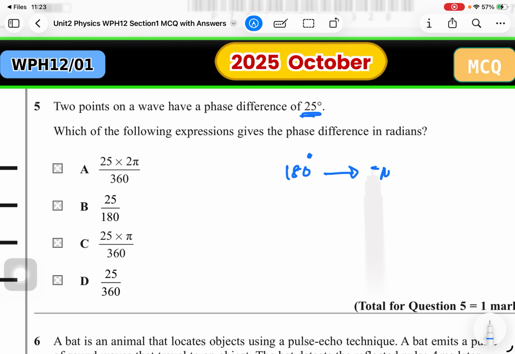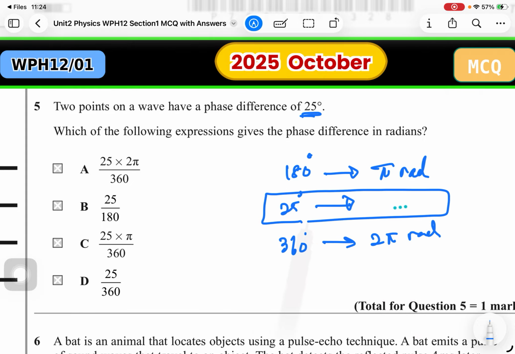Since it's mostly about 2 pi and 360, I'll go with 360 degrees is 2 pi radians. So for 25 degrees, we take 2 pi, divide it by 360 and multiply it by 25. According to that, the answer is E. You can change the method depending on the question.